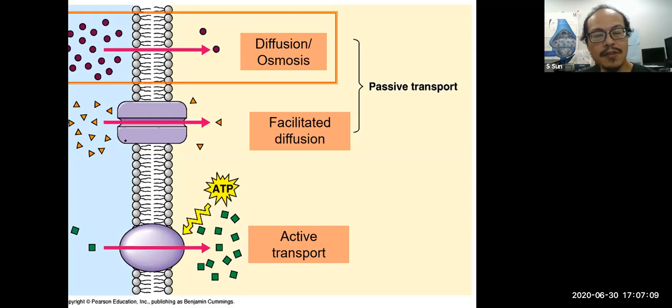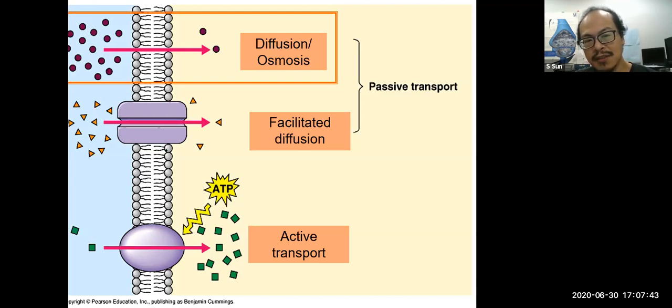So for insulin, for example, they will need this channel to let the water-soluble substance go through. And with these water-soluble substances, when they diffuse, they move from high concentration to low concentration. We can also use ATP to pump from low concentration to high concentration.